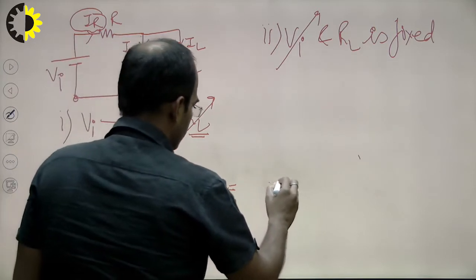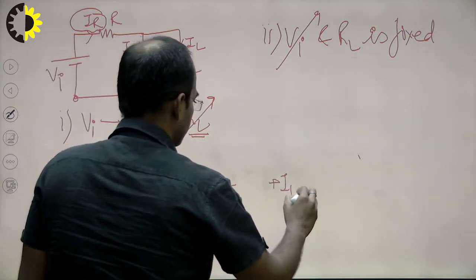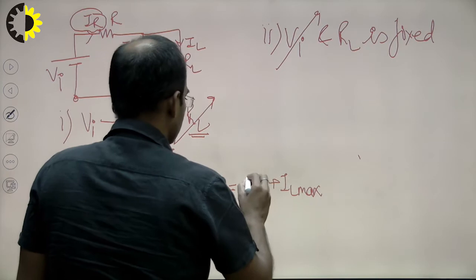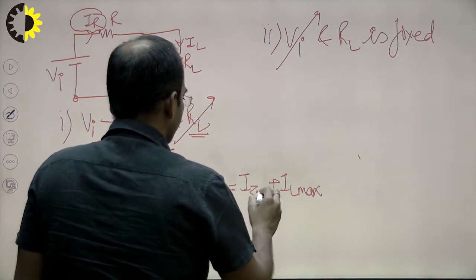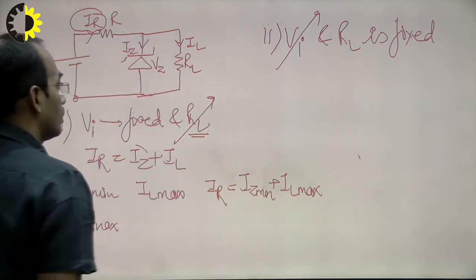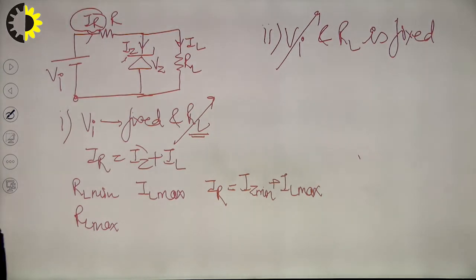So, if I am considering here IL maximum, then in that case IZ minimum will flow through the Zener diode.